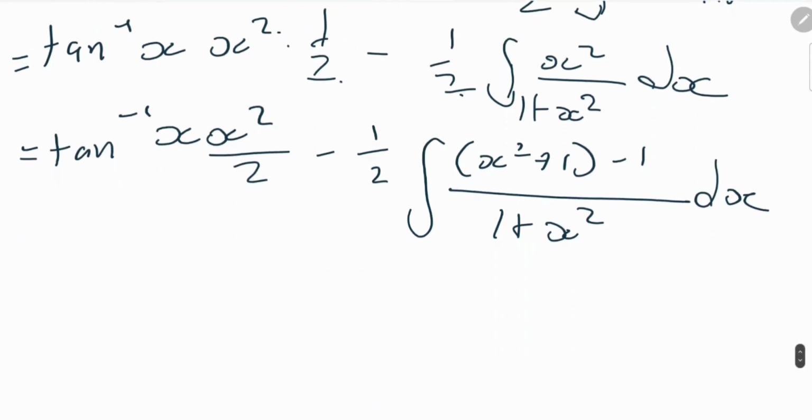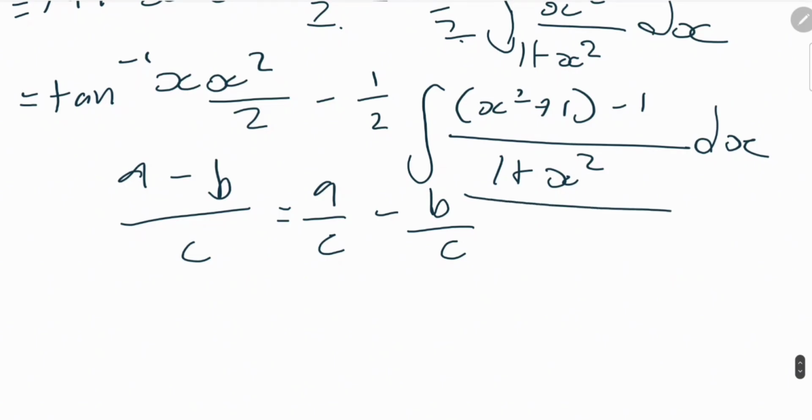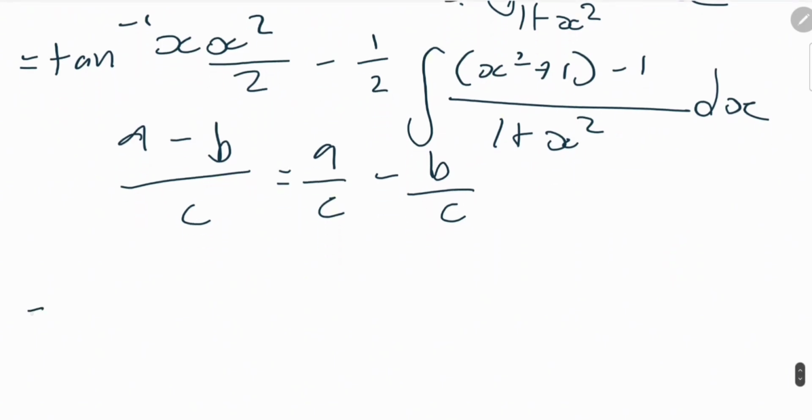So, what we're going to do is this. Remember how A minus B over C is the same as A over C minus B over C. Well, that's what we're going to use in this case here. So, let's rewrite the entire equation.